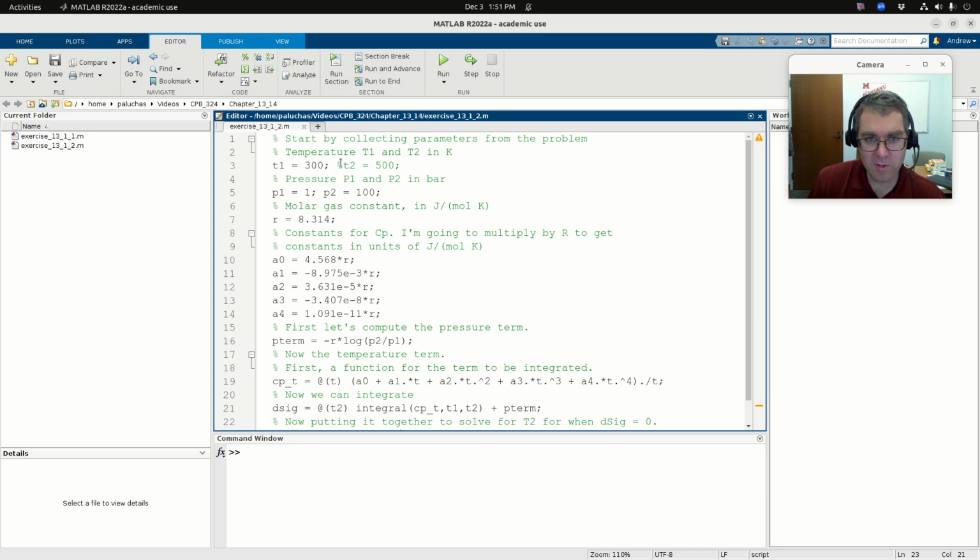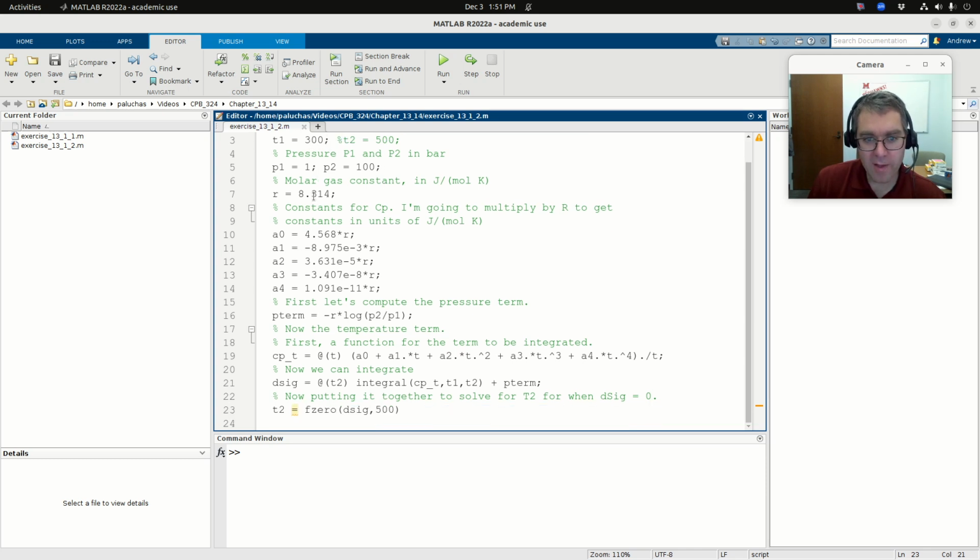I just commented out T2. Everything else remains the same. Calculating my P terms is exactly the same. The term I'm going to integrate is exactly the same. What differs now is that I don't know the upper limit of my integral. So instead of calculating my T term, I'm going to turn this into an anonymous function in which I specify the value of T2 as an input. And here I just added the P term to it, to reduce it down to one step.